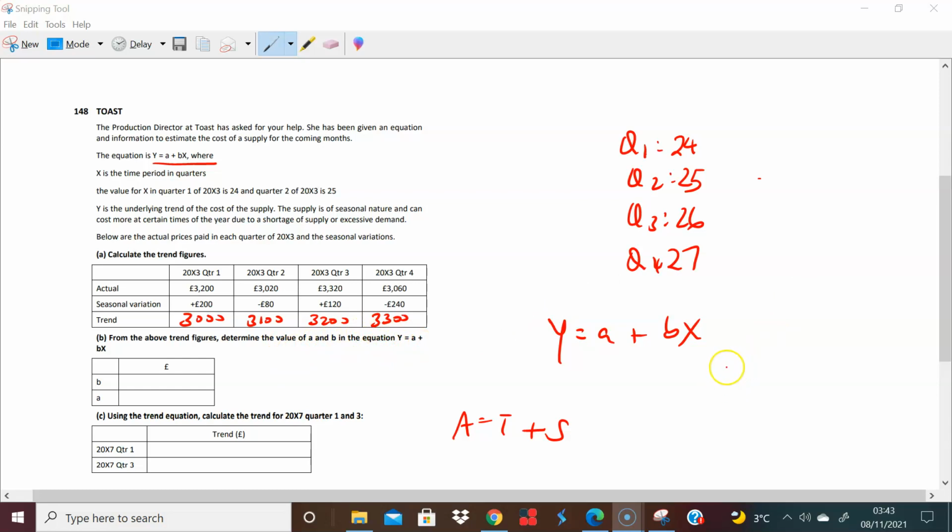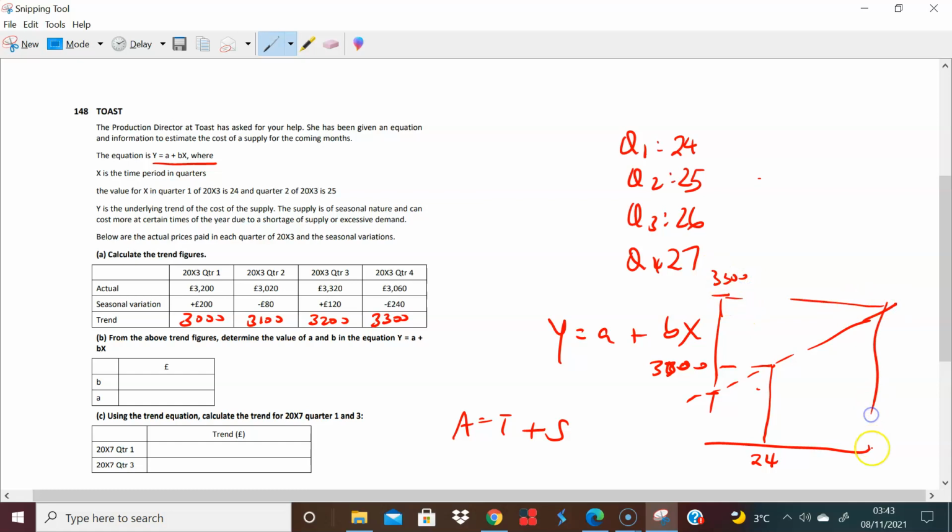I'd go with that approach, where you know that your total costs of 3,000 is at quarter one, 24, and then your other one of 3,300 is at quarter 27.